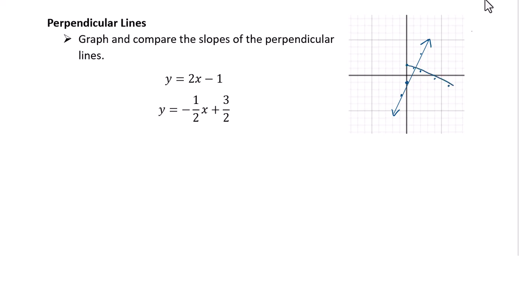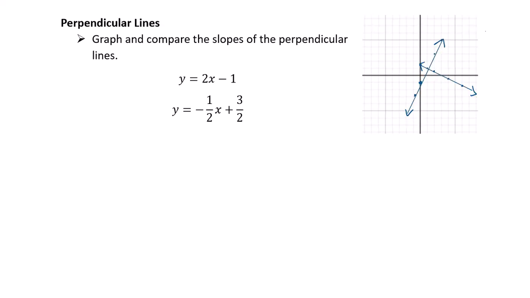And you'll notice we did graph perpendicular lines. And what do you notice about the slopes of those? This line is increasing. This line's going to be decreasing. So it makes sense that they have opposite signs.